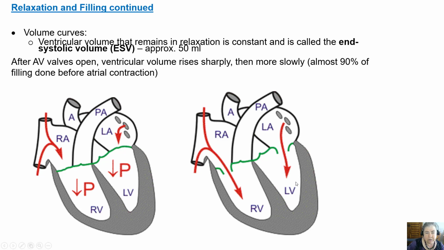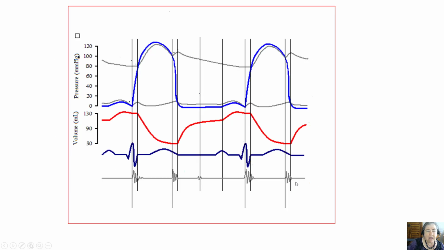And again, our Wiggers diagram with not all, but most of those events. So P wave followed by atrial depolarization and atrial contraction.